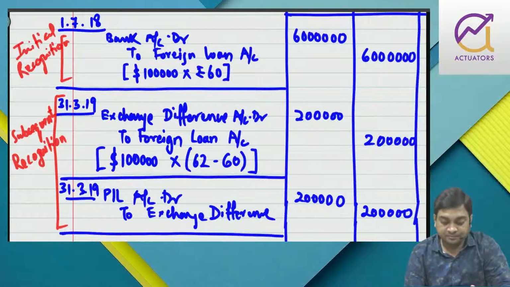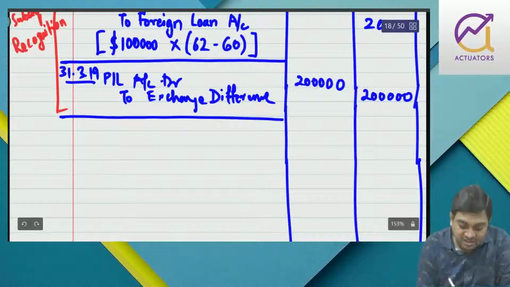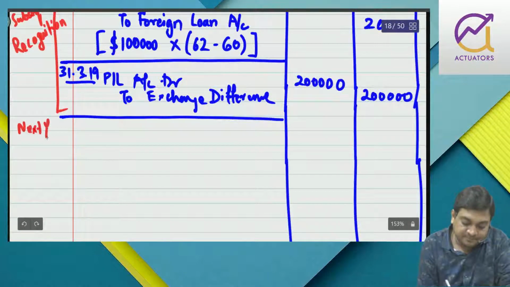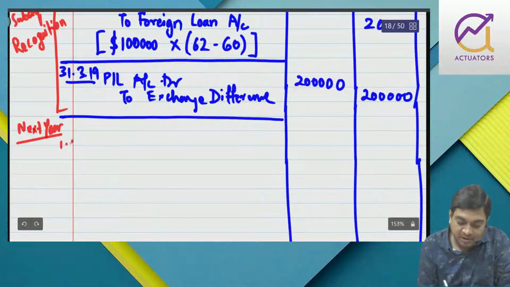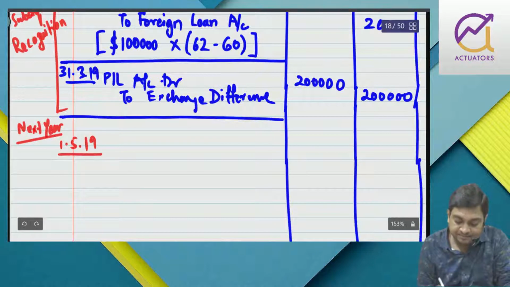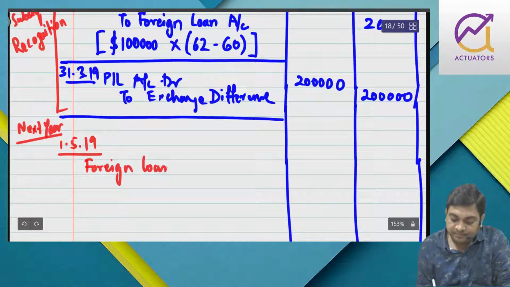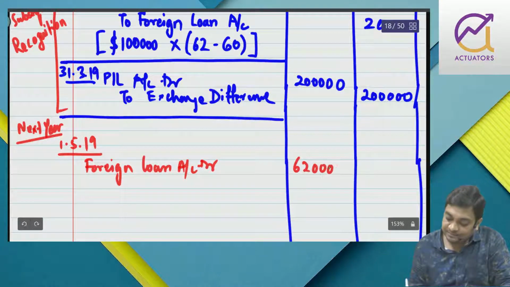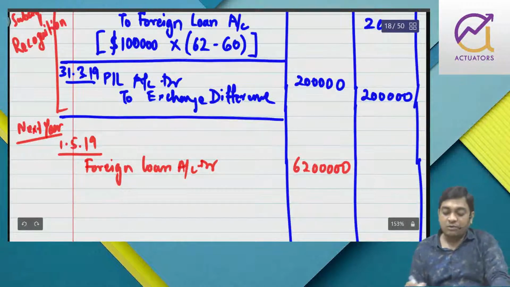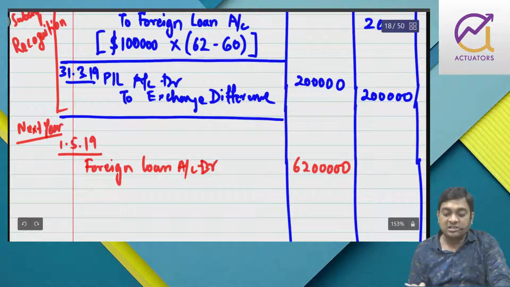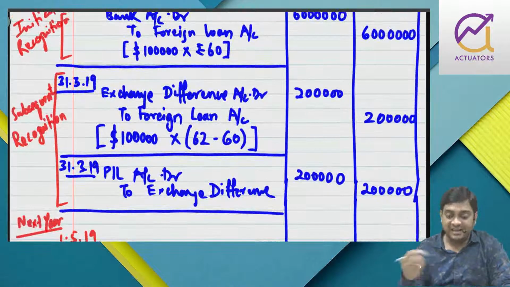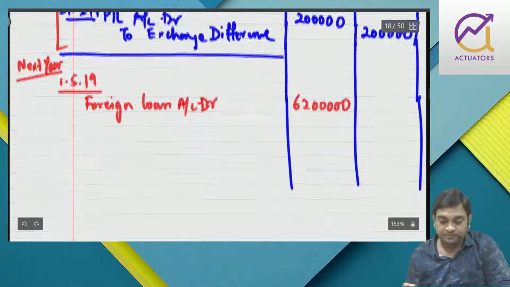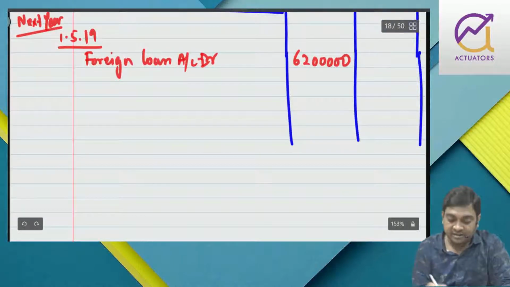Right? Now, next year, when you actually show the payment on 1st of May 19, as of now this foreign loan is there in your books at 62 lakh. 60 lakh was initial recognition and 2 lakh loss I have shown when I restated such foreign loan using the balance sheet date exchange rate.